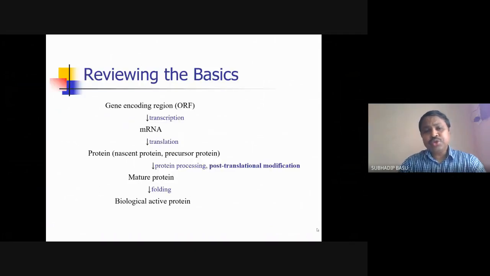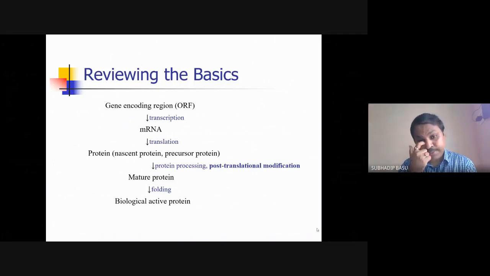So reviewing the basics, if we remember, in the genetic sequence we have an open reading frame, and from that we try to identify the genetic sequence.